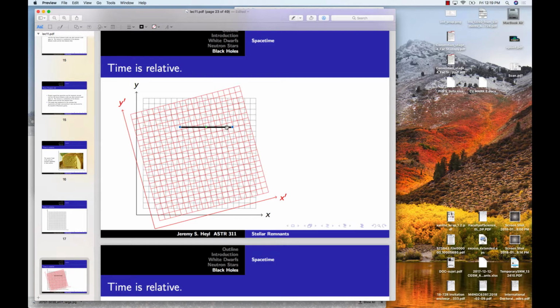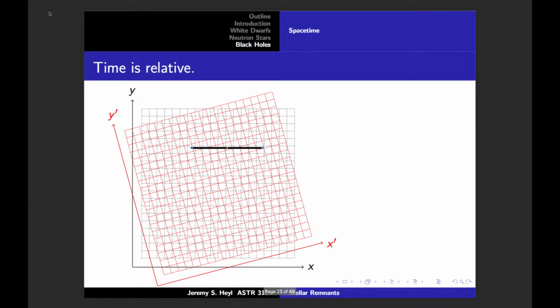So that line, if I look on the gray graph paper, that line is 1, 2, 3, 4, oh, that's 5, 6, 7, 8, 9.5 units long on the gray graph paper.